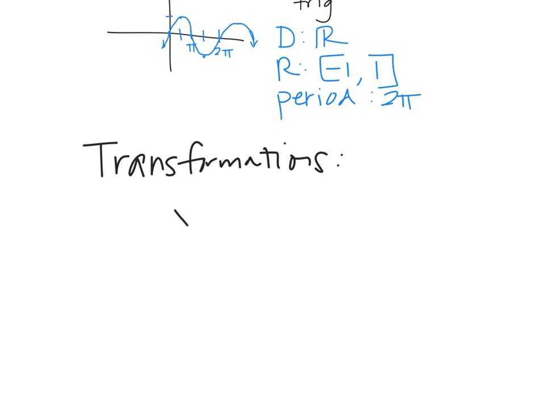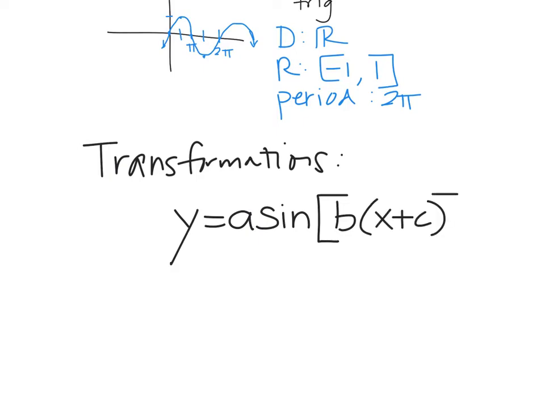So if you have y equals a, okay, and then you have your function, whether it's sine or cosine. I'm just going to write sine for right now. Okay, that could be cosine. And then you have bracket b, parentheses x plus c, and then plus D on the outside.